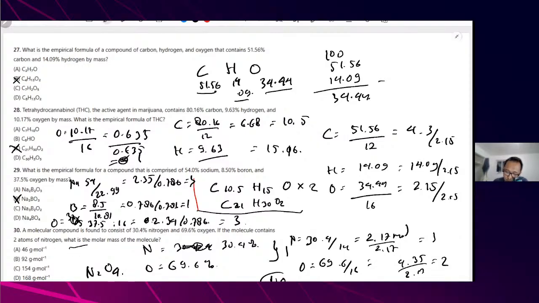So what is the molar mass of the molecule? Just add 14 times 2, which is 28, plus 16 times 4, which is 64. So the answer should be B.